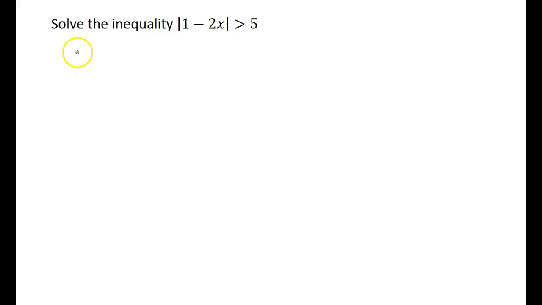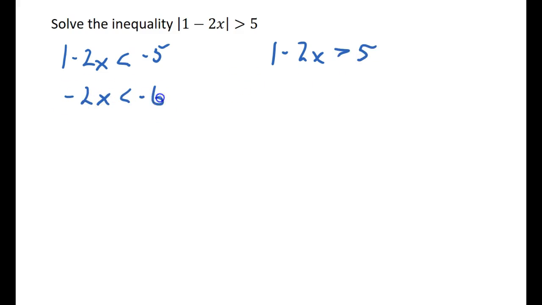Okay, let's try this one. So I'm going to go 1 minus 2x is less than negative 5, and 1 minus 2x is greater than positive 5. So negative 2x is less than negative 6. I'm dividing by a negative, so I'm going to switch the inequality, and I get positive 3. Over here, negative 2x is greater than 4.